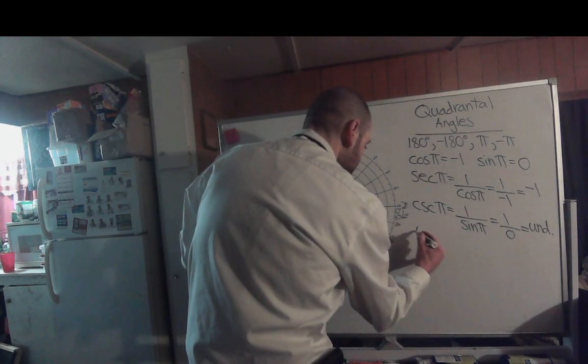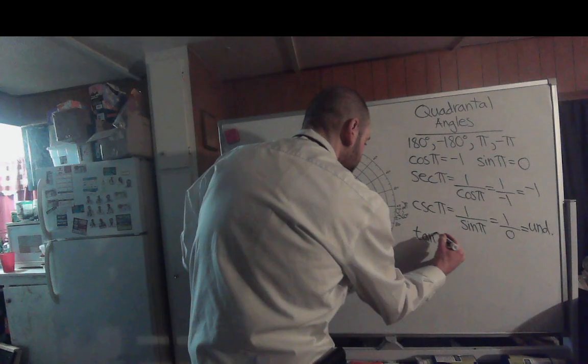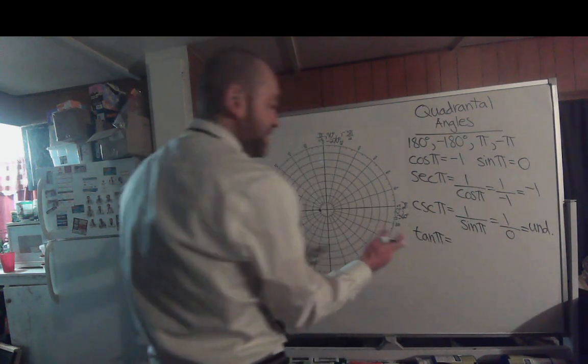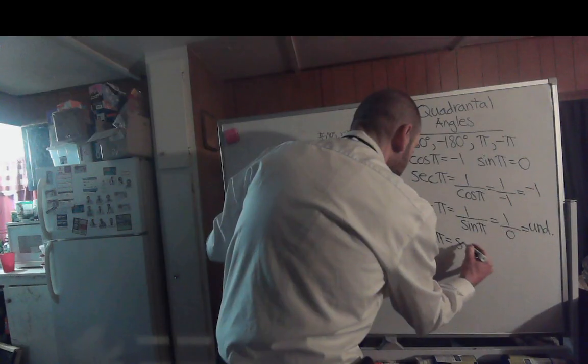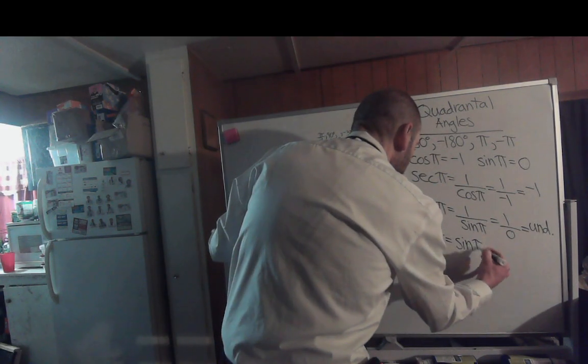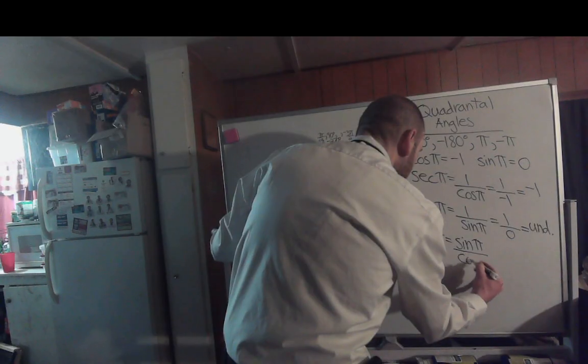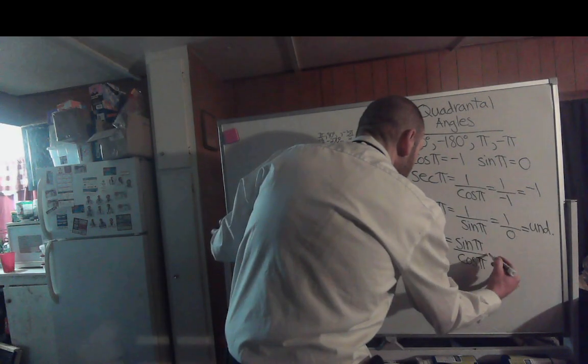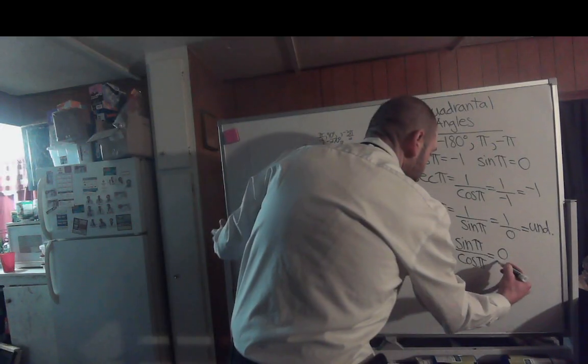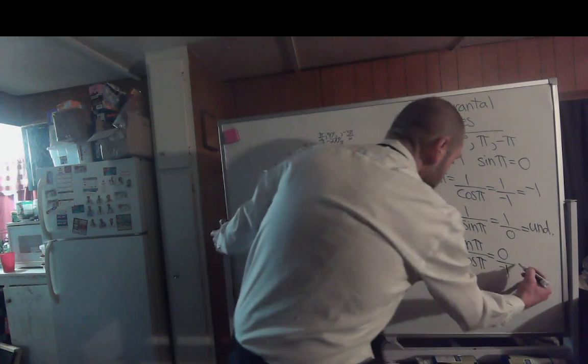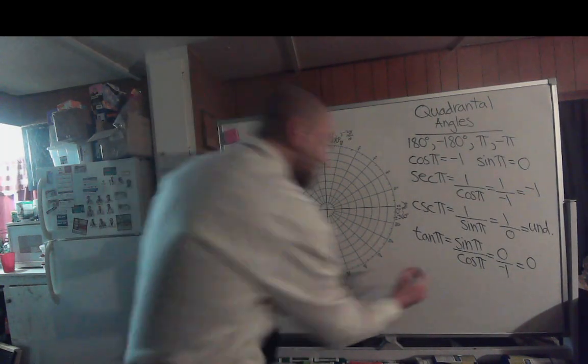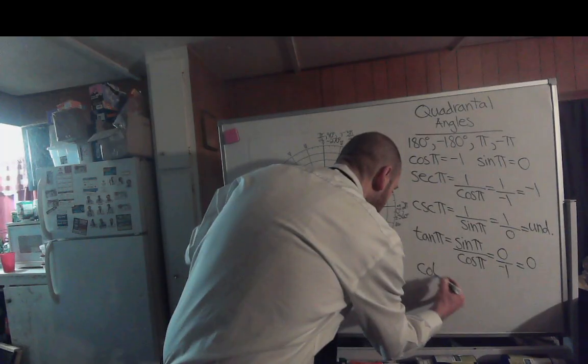Now, what about the tangent of pi? So the tangent at pi, of course, is the sine of pi all over the cosine of pi, which would give you 0 divided by negative 1, or simply 0. So your tangent at pi is 0. Now what about the cotangent of pi?